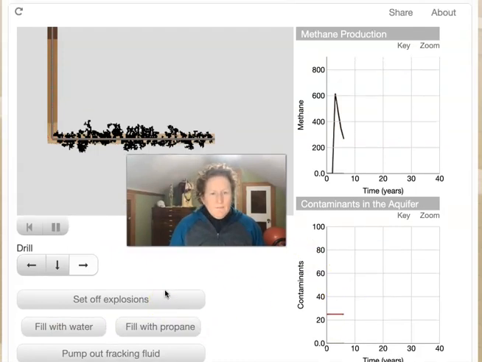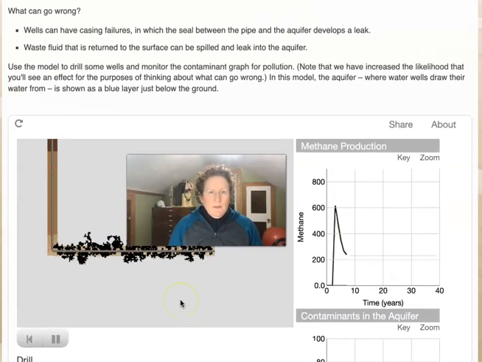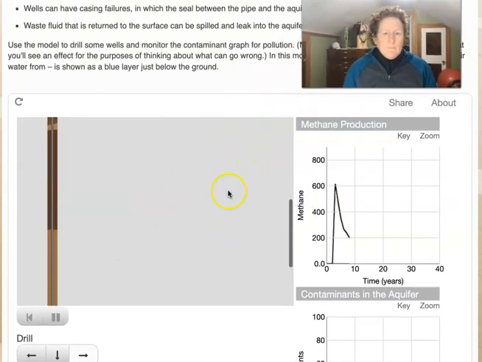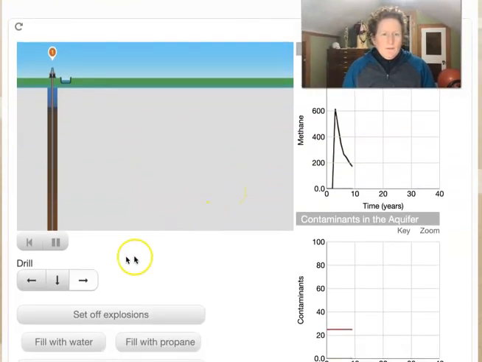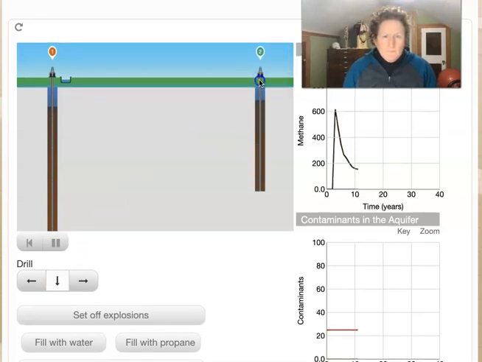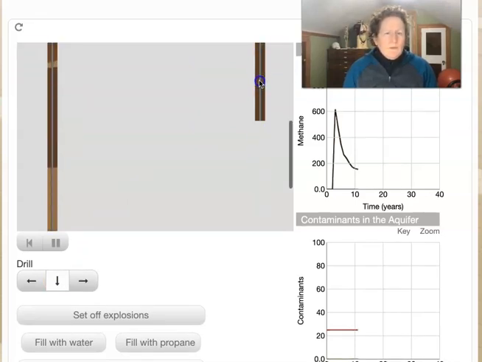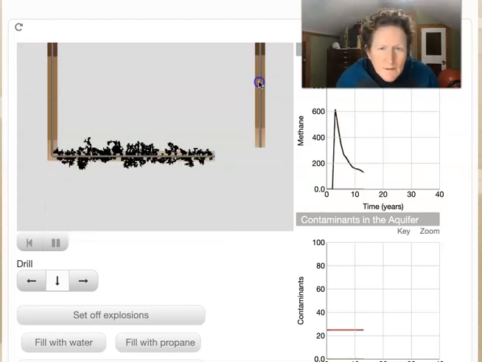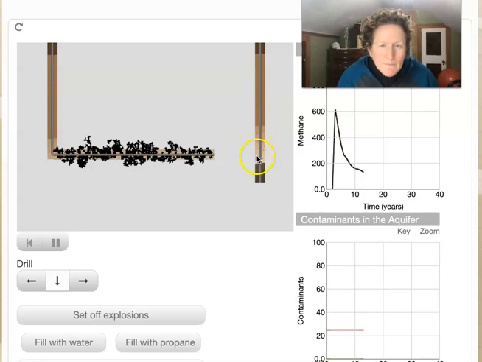This one, let's use the fracking fluid propane and see if there's any differences here. I'm going to go down into the shale layer, and I'm just going to go up. I went too deep this time.